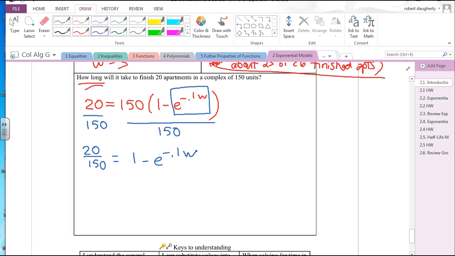Now again, I want this to be by itself. It is not by itself. What can I do now to get it closer on its way by itself? Subtract 1 from both sides of this equation. So I get 20 over 150 minus 1 equal minus e to the minus 0.1w.